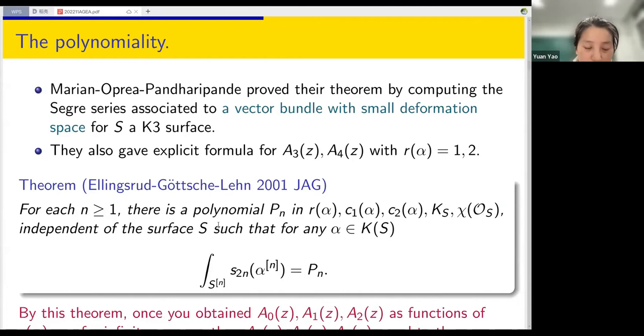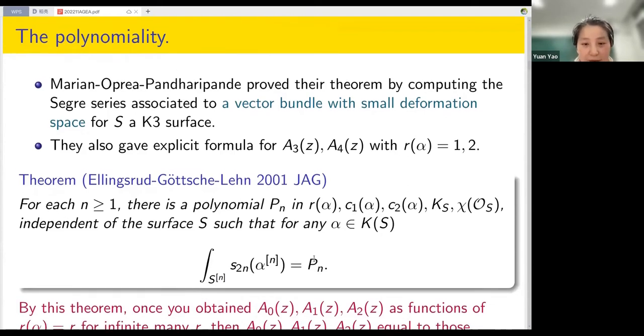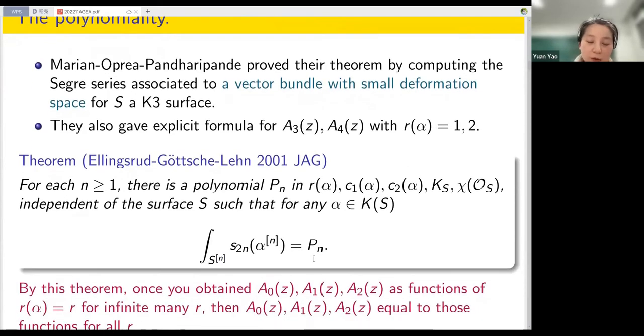The contribution of the surface is in the canonical line bundle and this chi. So it should be a polynomial in the rank r. Once you have this polynomial equal to some polynomial for infinitely many ranks, then this polynomial can be determined.